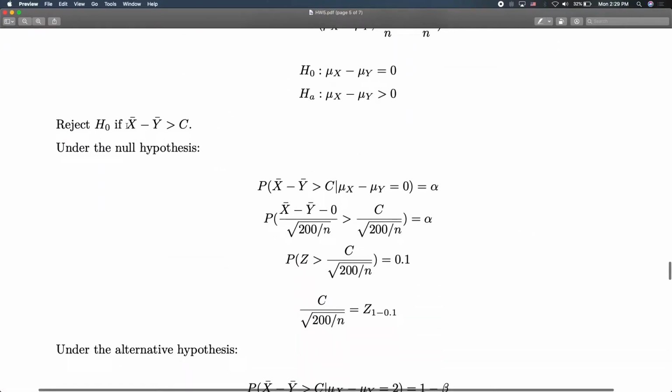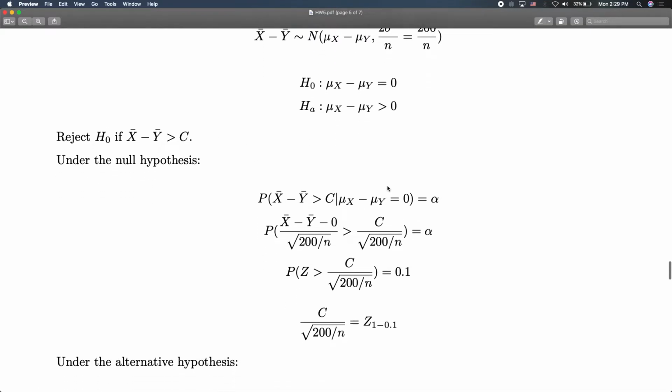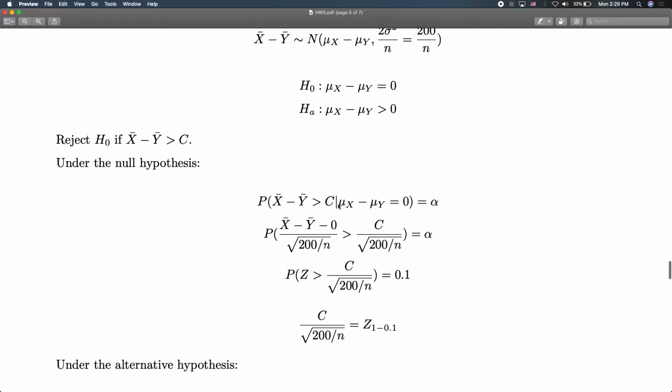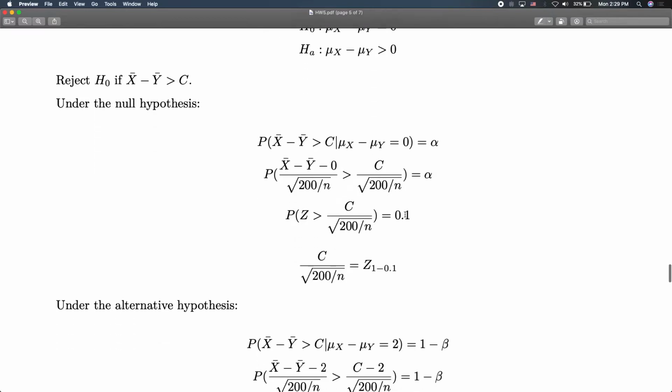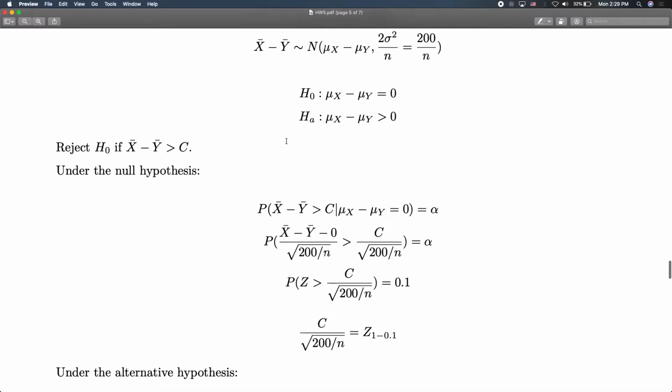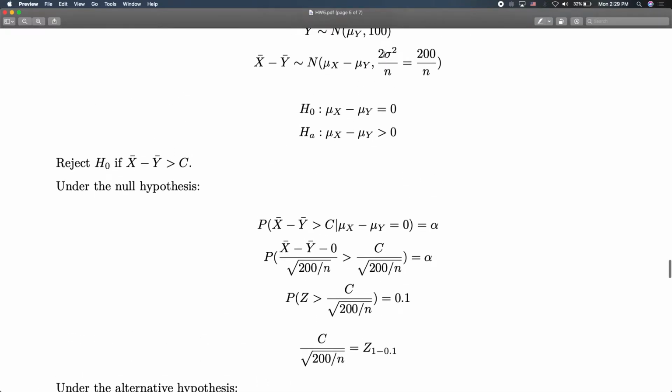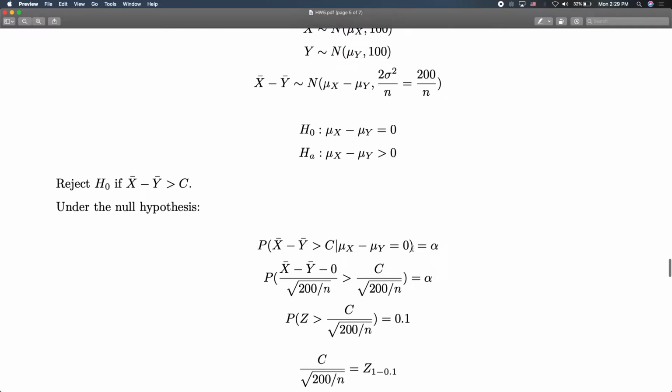Okay, so we will reject the null when it's greater than some value c. And under this condition for the significance level, when the null is true, this is just rewriting the significance level. Now we're trying to simplify this form. We know that x bar minus y bar follows this.